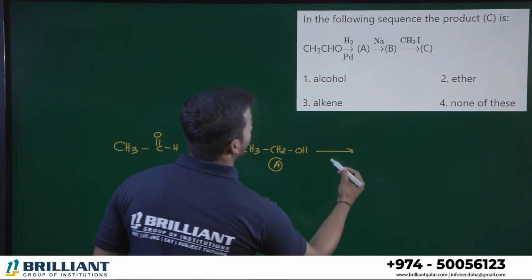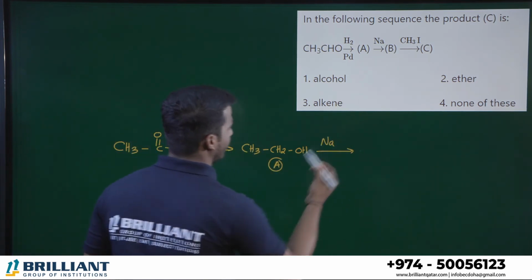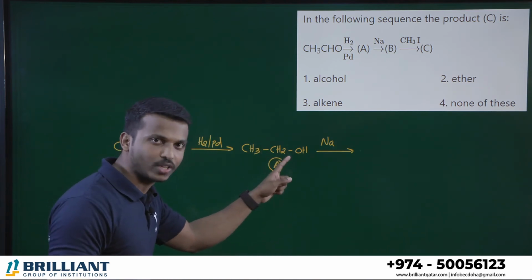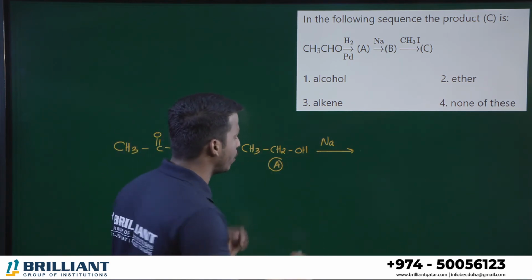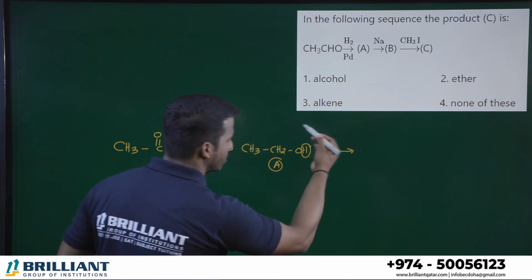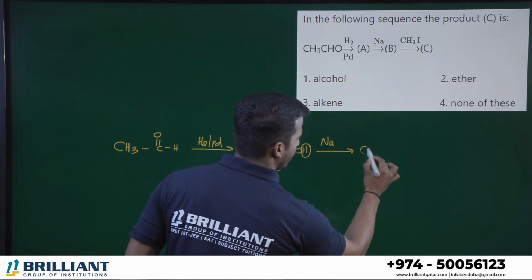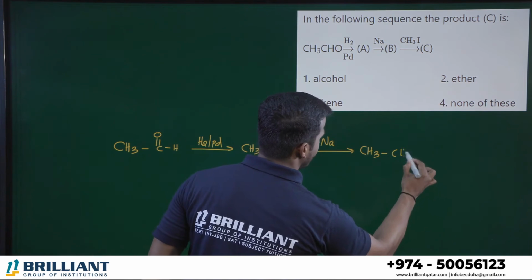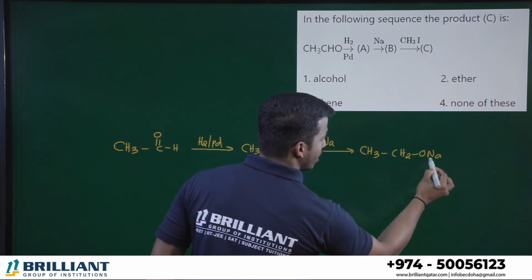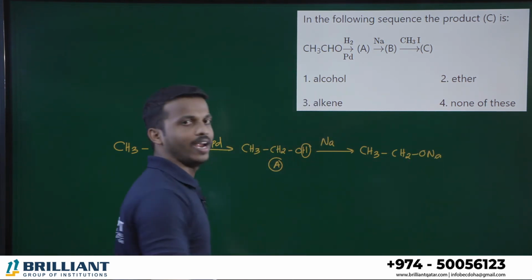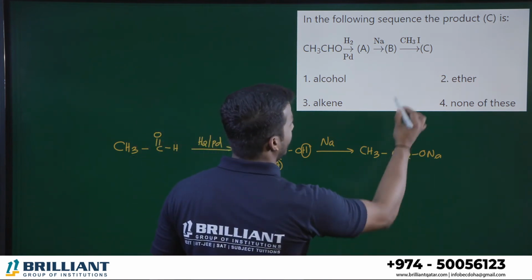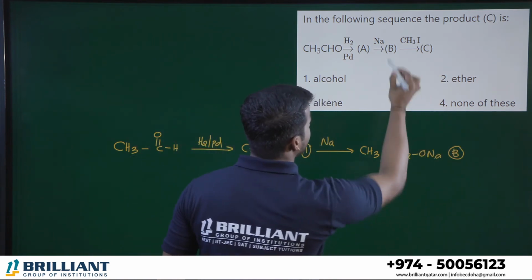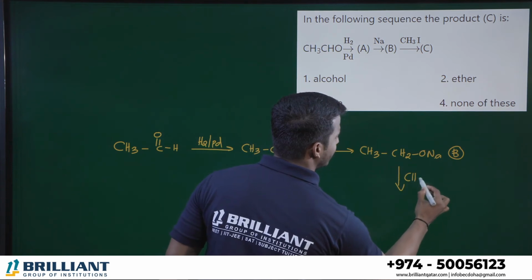Let's continue. It is reacting with sodium. Alcohols are acidic in nature. When it reacts with sodium, sodium can remove or displace this hydrogen. You will get CH3CH2ONa, sodium ethoxide. This is your compound B. It is reacting with what? CH3I.